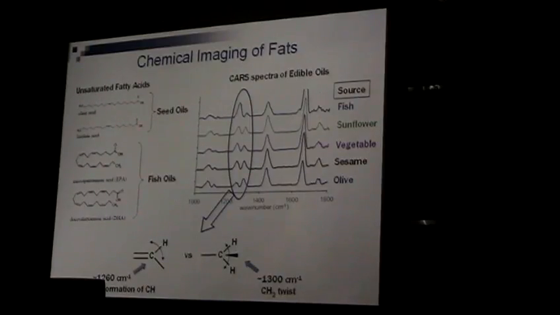Now, good fat, something like fish oil, means you have lots of double bonds in this alkyl chain. Something like DHA or EPA is what you find most in fish oil, and people believe it has good health benefits.